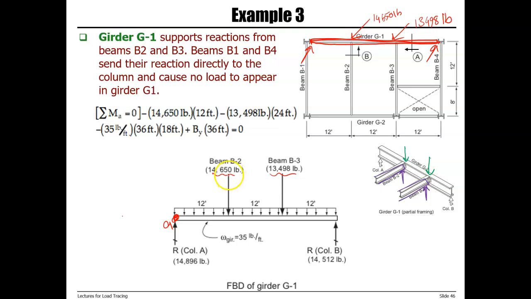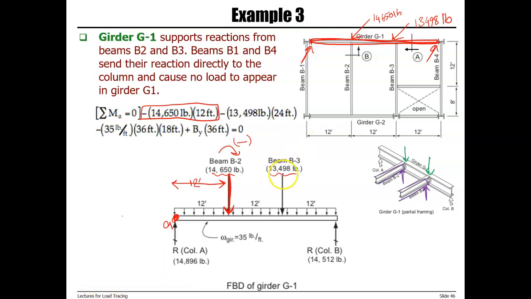We have load from beam B2, that's the load, 14,000, times distance, which is 12 feet. It has a clockwise moment around point A, so we'll use a negative sign. 14,000 times 12 feet with a negative sign.